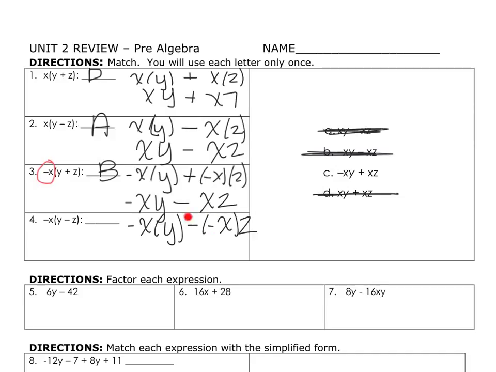Instantly, your brain should be clicking. Something's going on right here. So it needs to be negative xy plus xz. And if you look over into your answer bank, hey, your answers do match up, so you did the work properly. Good job.